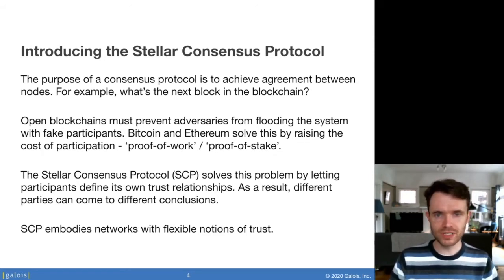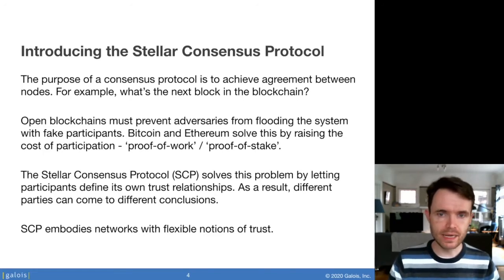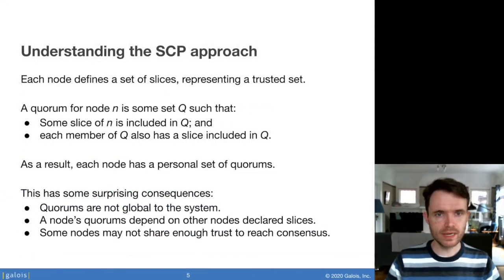To me, what's most interesting about SCP is that it embodies a flexible notion of trust between the parties. We can imagine this being true in cloud environments or cyber-physical systems just as much as it is on blockchain. Let me explain the SCP model in a little more detail.